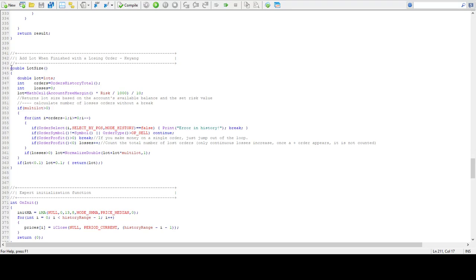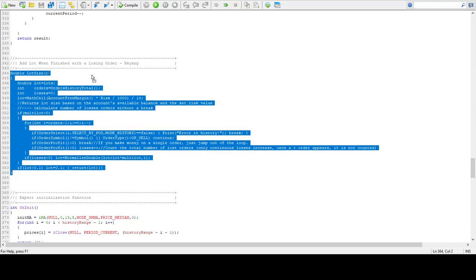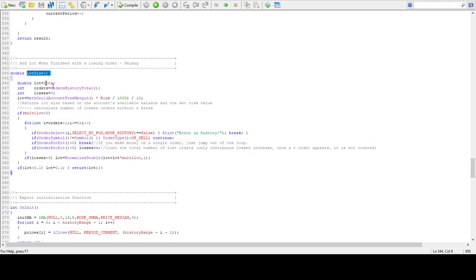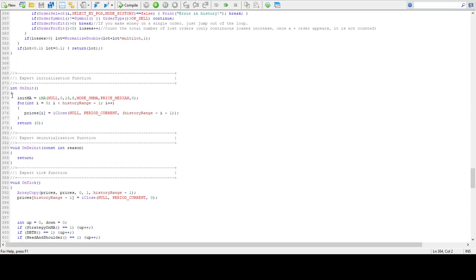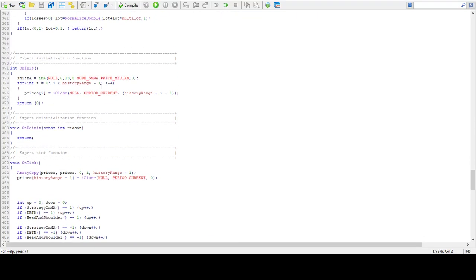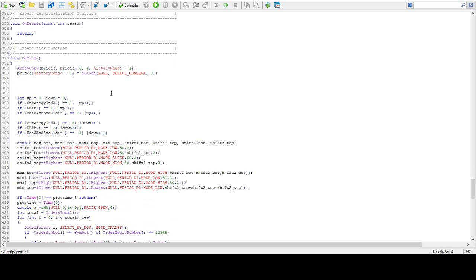In this case, we are adding a lot when finished with a losing order. That's pretty much the point of this function, to calculate the lot size. This is the initialization function where you get the initial moving average that I mentioned earlier in the head and shoulders pattern.